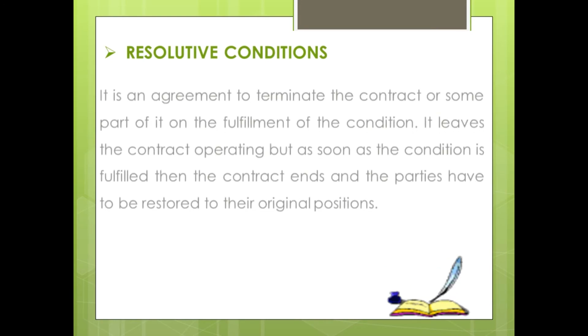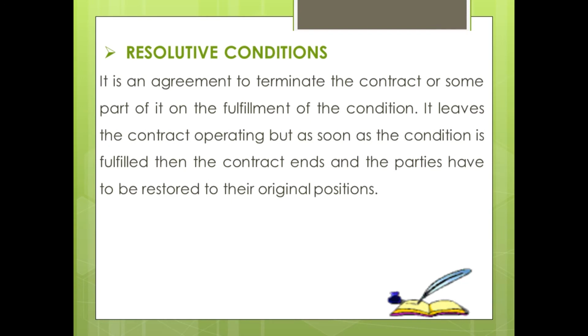Next, we have resolutive conditions. This is a condition in a contract which states that an agreement to the contract or some part of it will be terminated on the fulfillment of a condition.